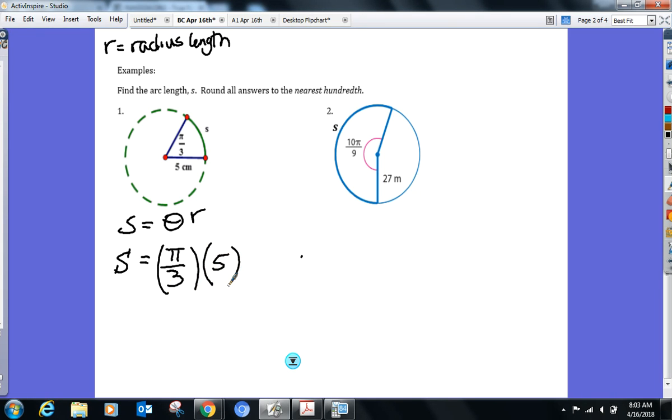What are our directions? Is this in terms of pi? Is this nearest integer, nearest tenth? What do we got? Neither. Nearest hundredth, so I can plug the pi button into my calculator and round.